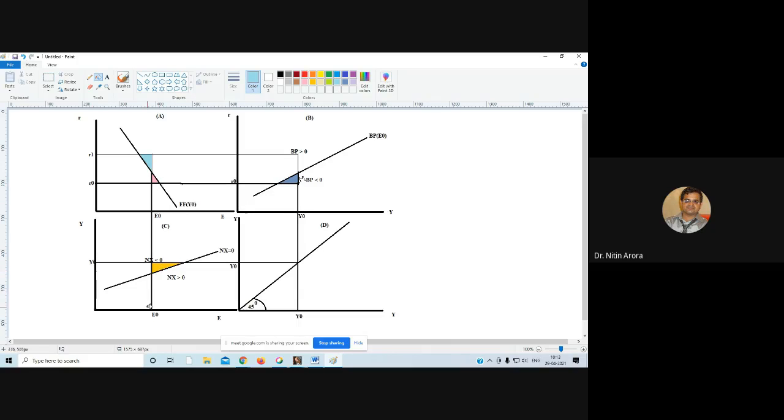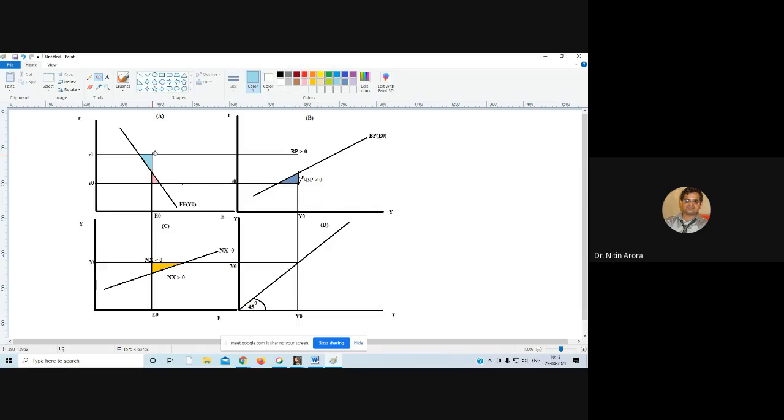Now, with the same exchange rate E naught and Y naught, the deficit in current account still remains the same, represented by the yellow area, but with a higher interest rate, that is if interest rate increases from R0 to R1, we are able to generate some surplus in capital account to the amount given by the blue triangle.